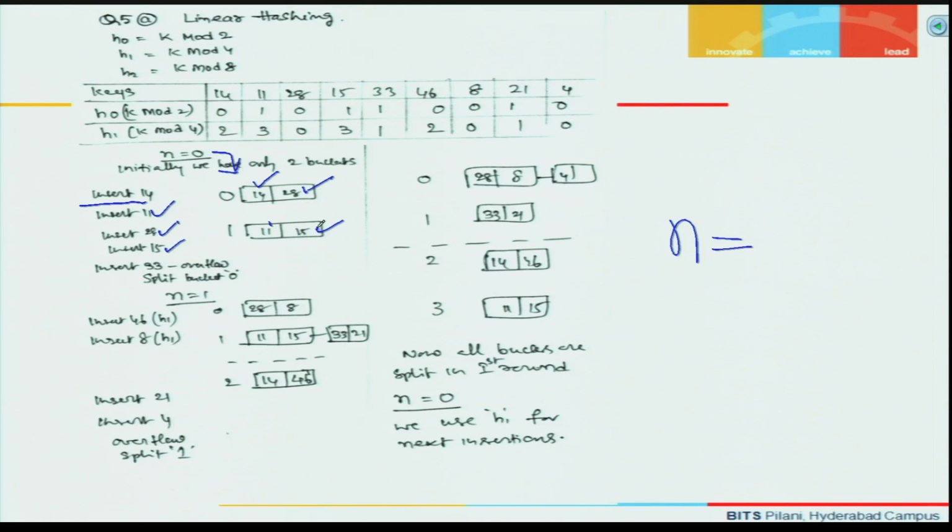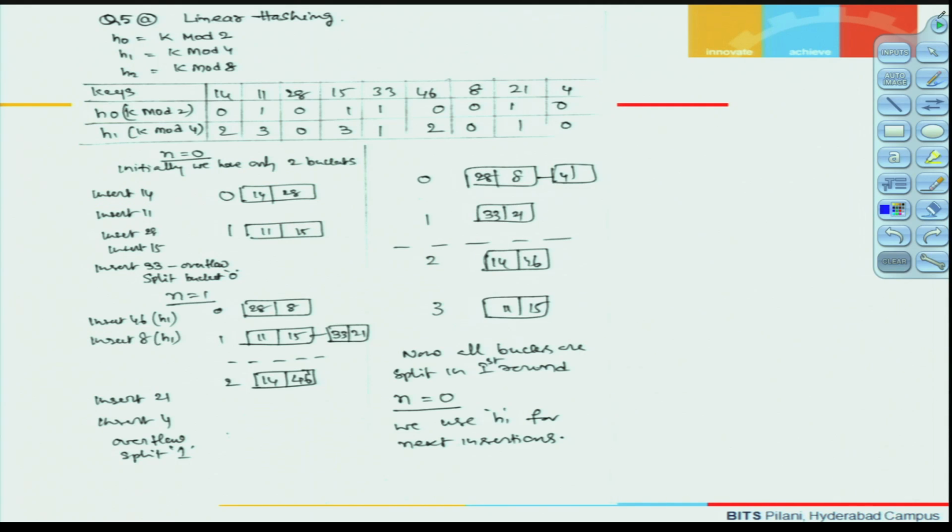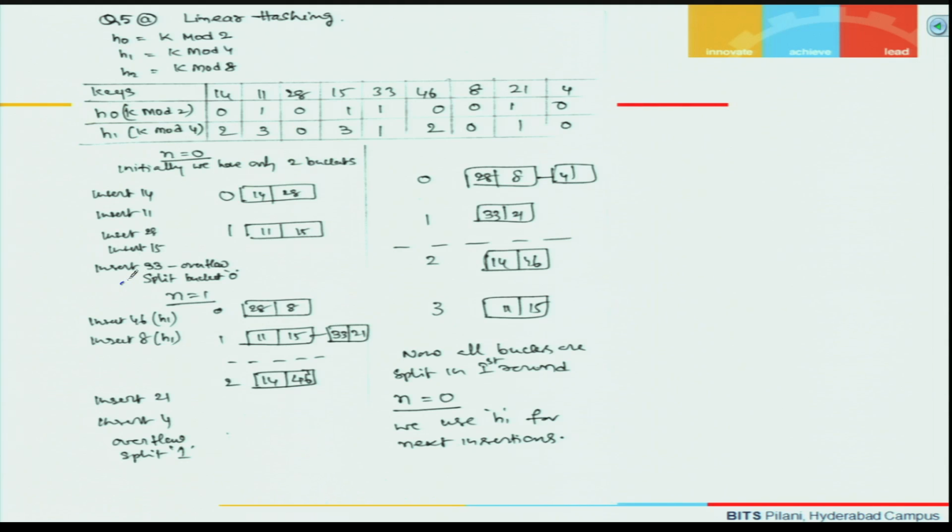Now when I try to insert 33, even now I am using only h0, the first hash function. 33 mod 2 is 1, so it needs to be stored in this bucket, but there is no space available because each bucket can contain only 2 records.